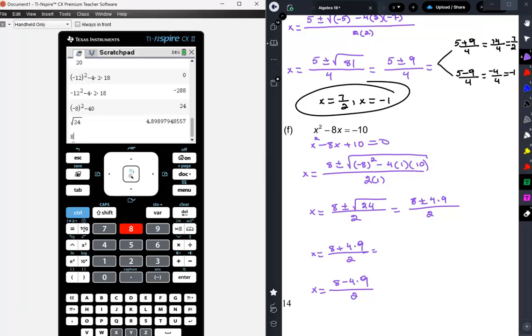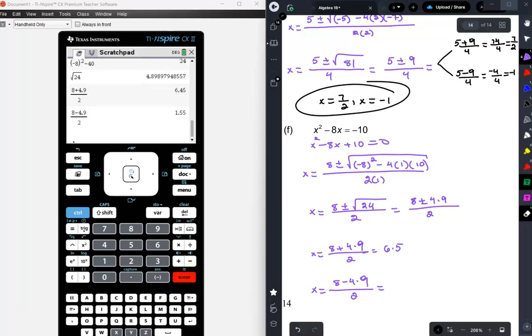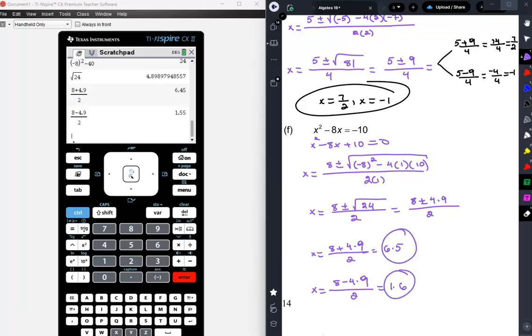So 8 plus 4.9 over 2 is 6.5. And 8 minus 4.9 over 2. Yes, but I'm rounding to the first decimal place. So for this one, I'm going to get 1.6. And those are my two answers. Okay.